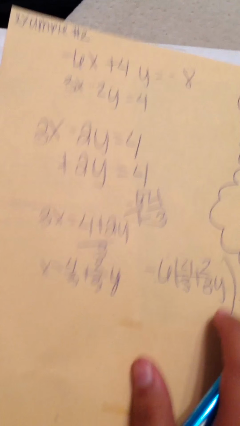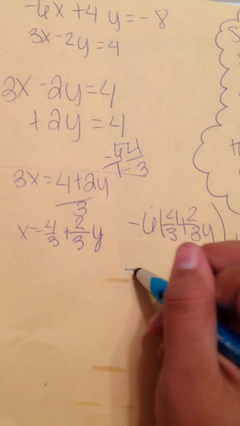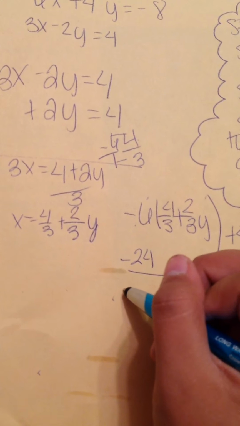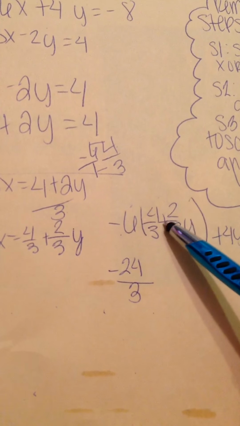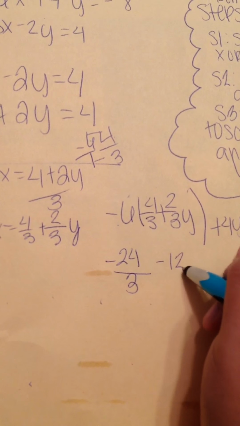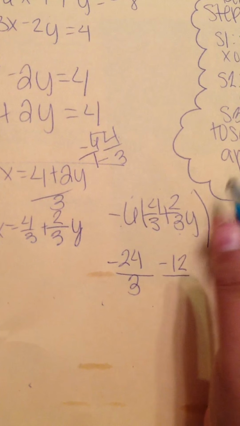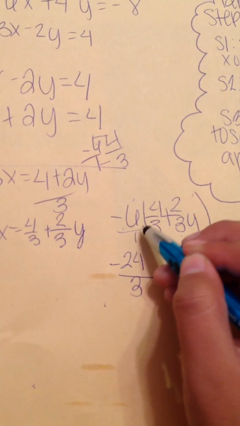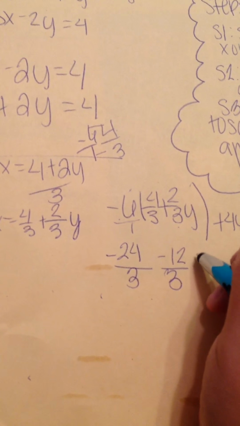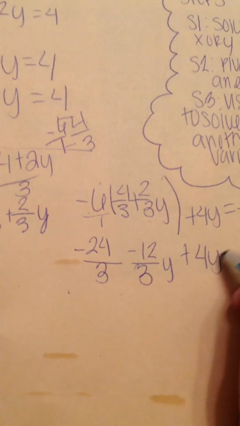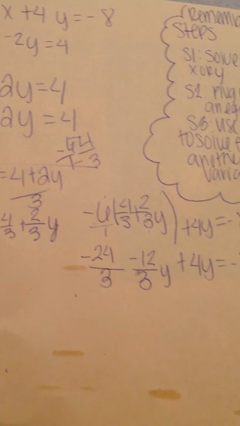So negative 6 times 4 is negative 24, and 1 times 3 is 3. Then negative 6 times 2 is negative 12, and 1 times 3 is 3. And you just carry down the y, and then plus 4y equals negative 8.